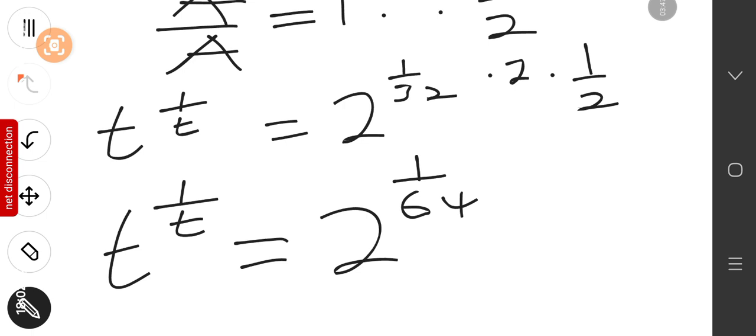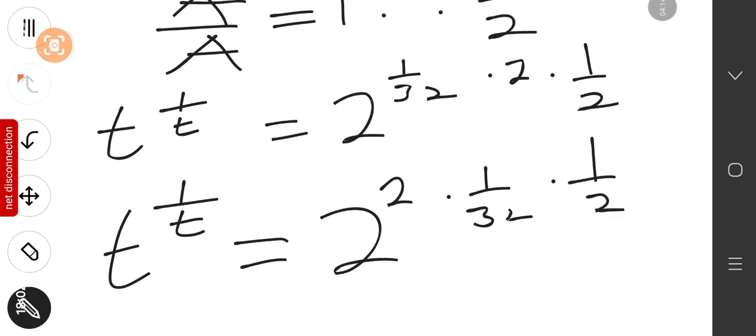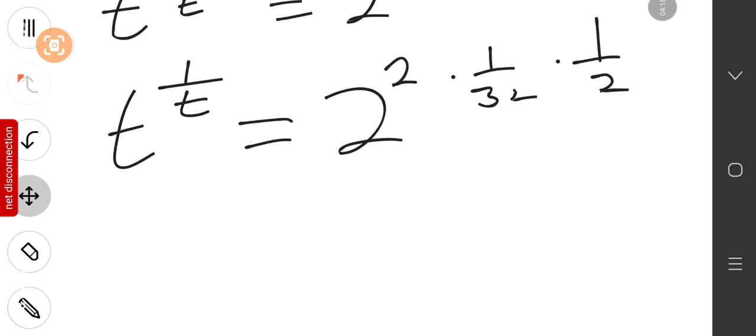All right, sorry, let's make some corrections here. Now let's arrange our exponents first, and then do the next thing. So you're going to have 2 exponent 2 times 1 over 32 times 1 over 2. So we are just changing the positions of the exponents.